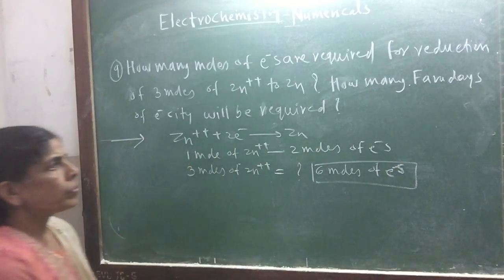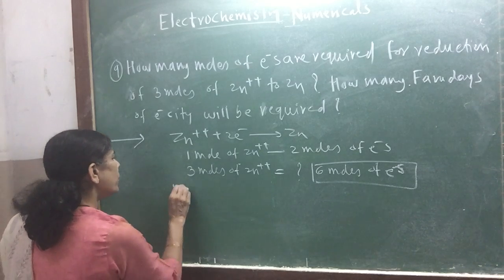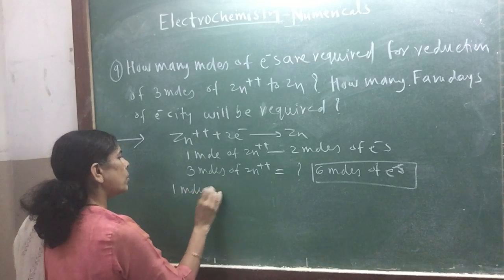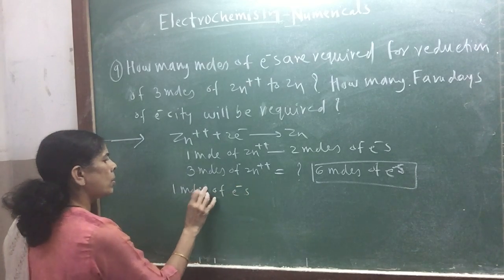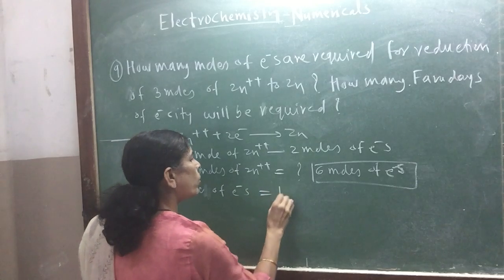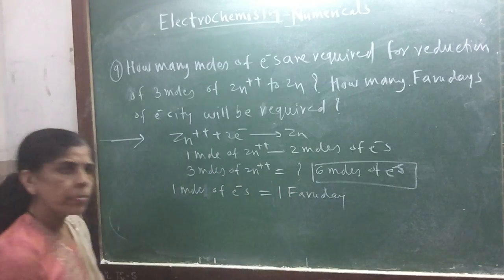What is the second part of the problem? How many faradays of electricity will be required? So you know 1 mole of electrons is equal to 1 Faraday of electricity.